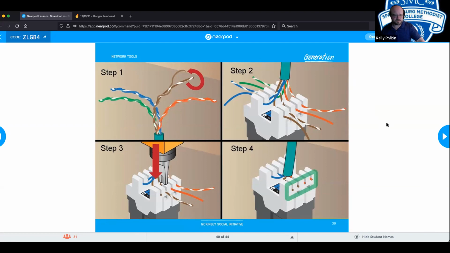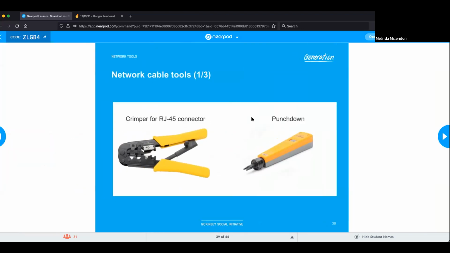I'm not sure what you're asking about 6P, Melinda. It was on the crimper. What about on the crimper? It was on the crimper on the page before this one.